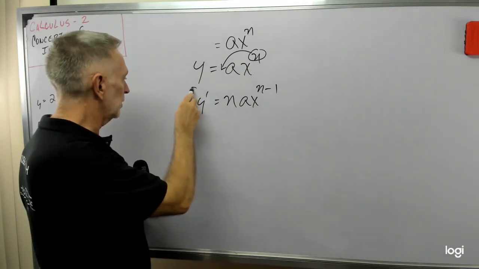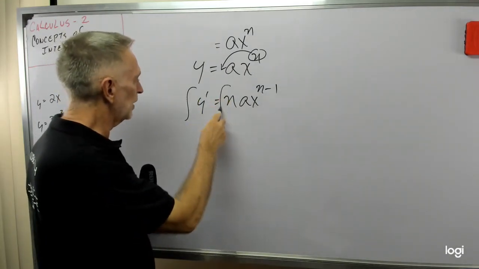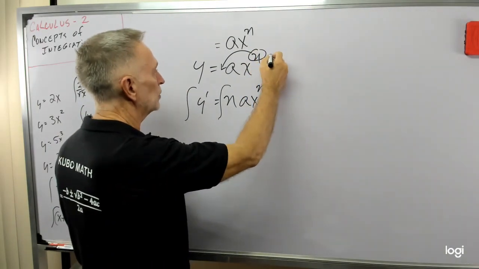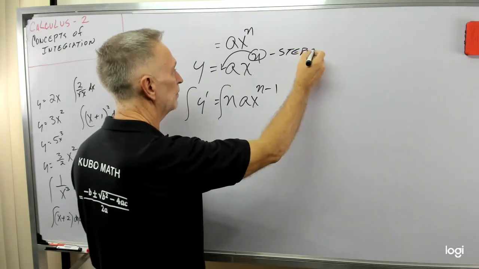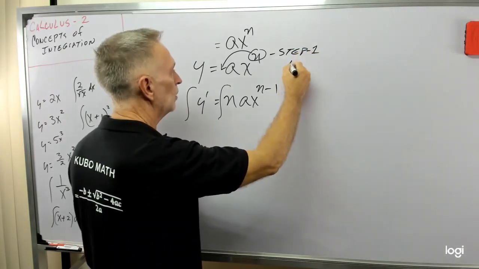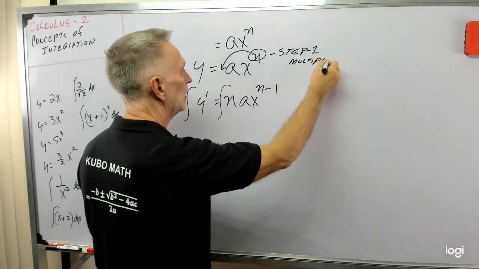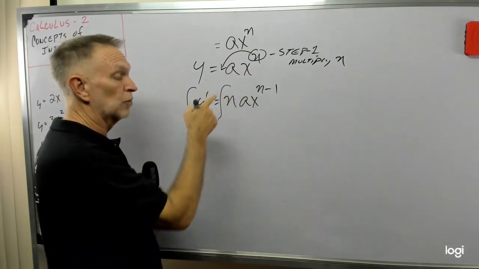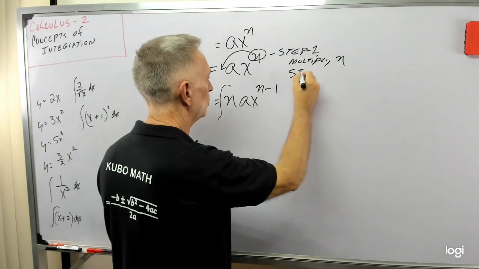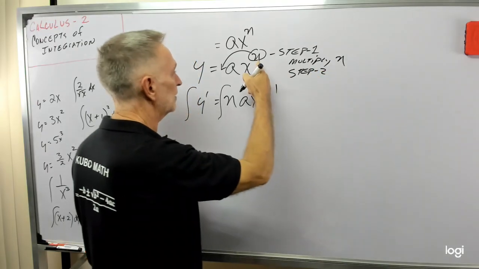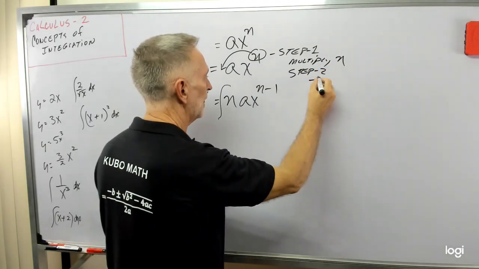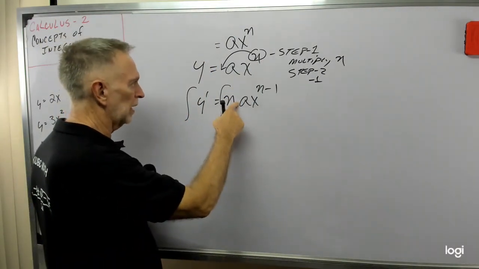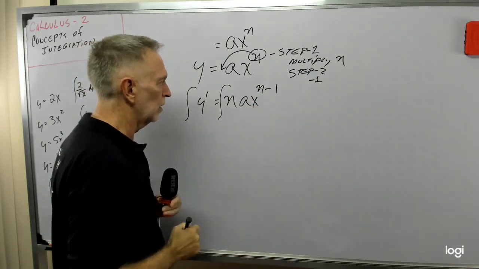So integrating, you use this sign, which looks like a funny looking S. When we differentiated, step one was to multiply by n, so we brought n down and multiplied it to the rest of the function. Step two was that we subtracted 1 from n.